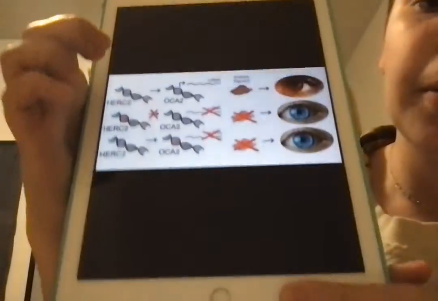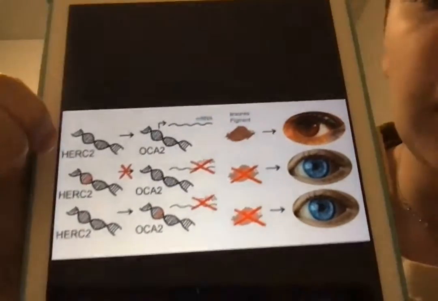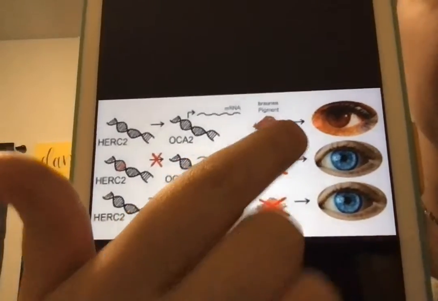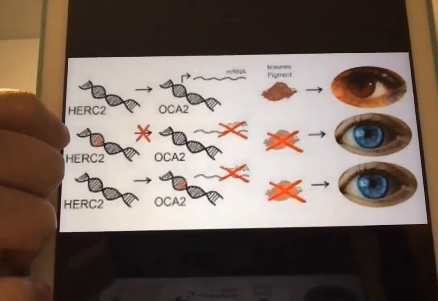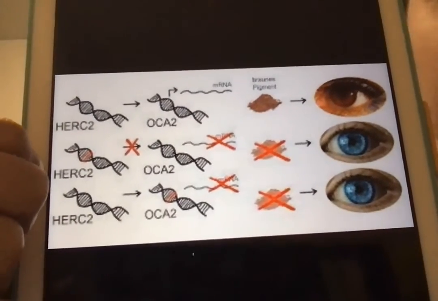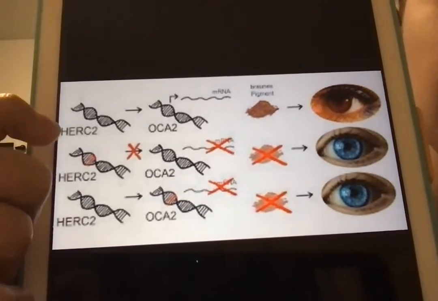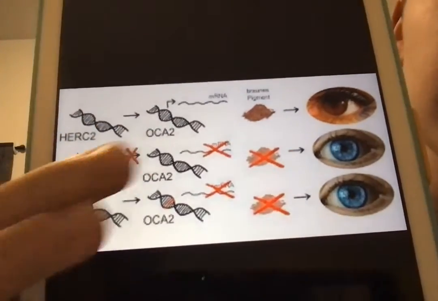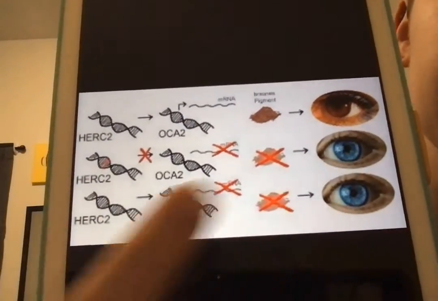Here we have a HERC2 gene normal and an OCA2 gene normal, which make it a brown eye. Then, I don't know if you can tell, but there's a little red line right here for the HERC2 gene, kind of symbolizing that it's a little bit different than the first one. Then we have the OCA2 gene normal, just like the first one. And that leads to blue eyes.